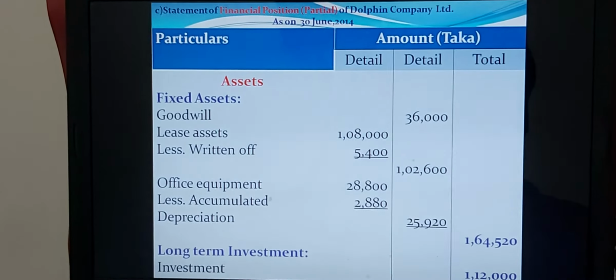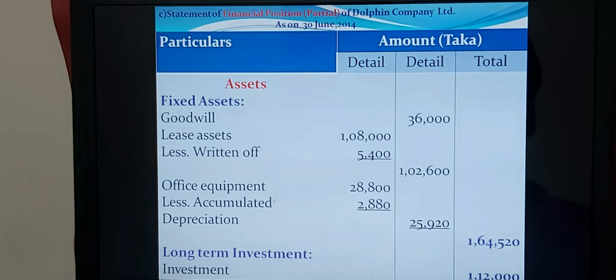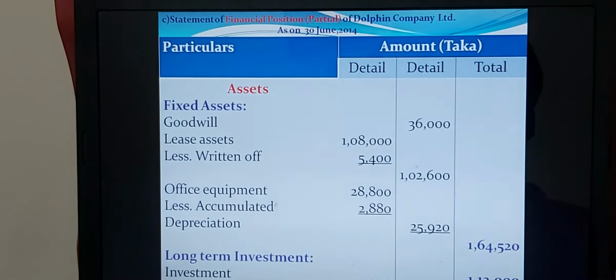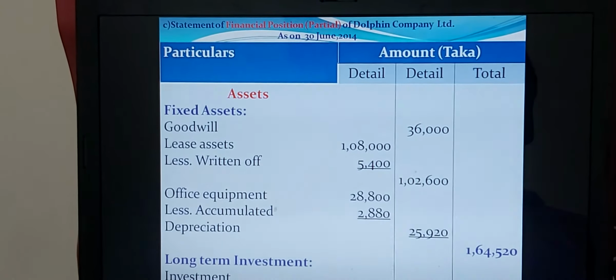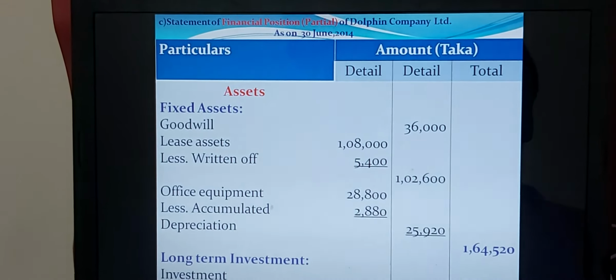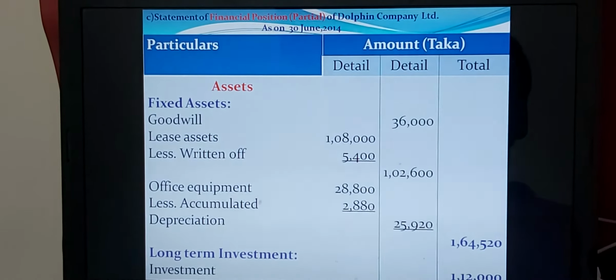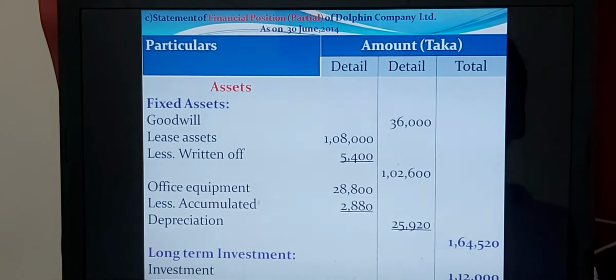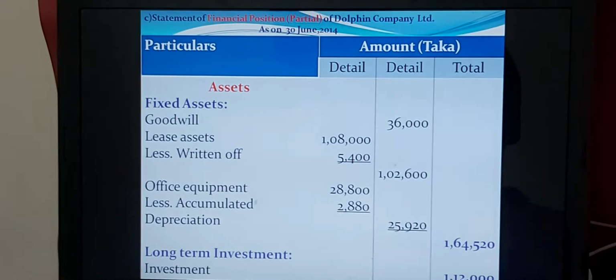Third one, office equipment in trial balance 28,800. But in adjustment number 1, depreciation on office equipment at the rate of 10%. So at all times, when depreciation is available in adjustment, you can deduct it from the related fixed asset.